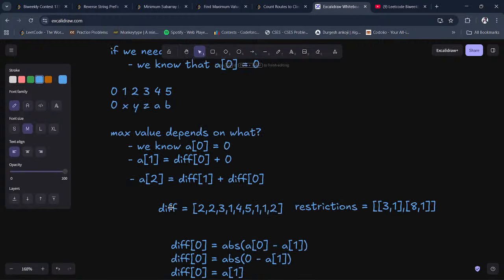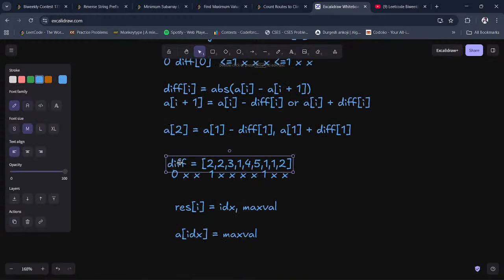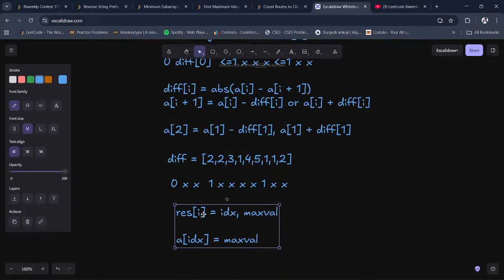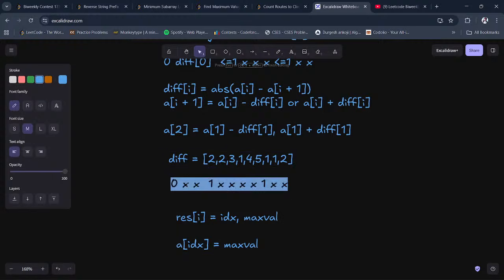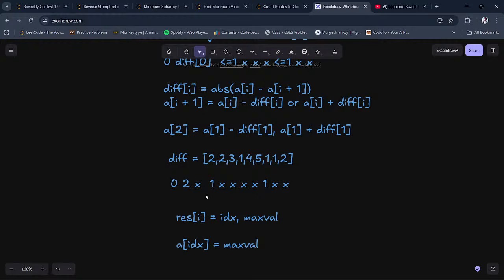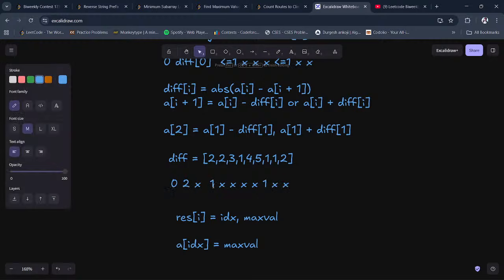So let me go to the difference array now. For difference of 0, a of 1 is difference of 0, so it will become 2. So if I increment this with 2, it will become 2. So next, sorry, wait.